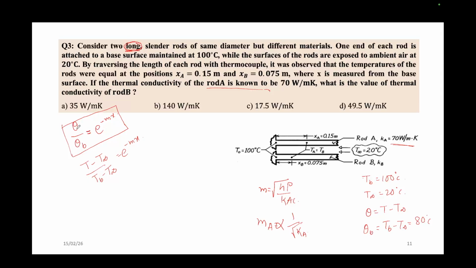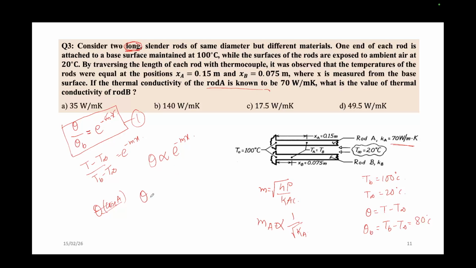Why am I writing this? In this equation, what are the constants? The theta b is constant for both the cases, right? What are the variables? m is variable, x is variable. So I can now write theta proportional to e to the power minus mx.